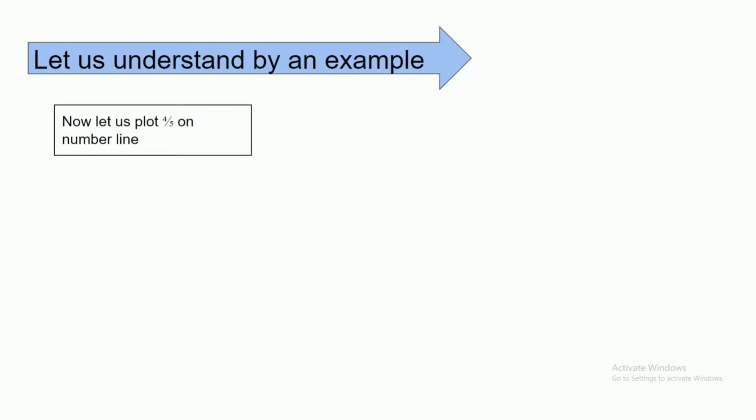Suppose we have 4 upon 5. Here 4 is less than 5. You can check it with any other number which is less than its denominator.